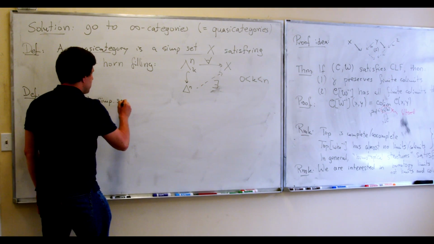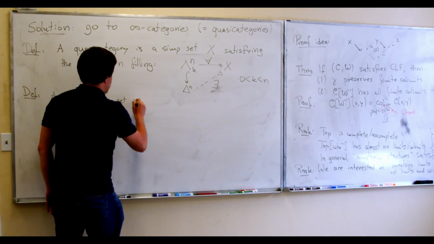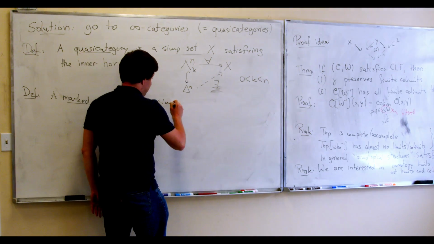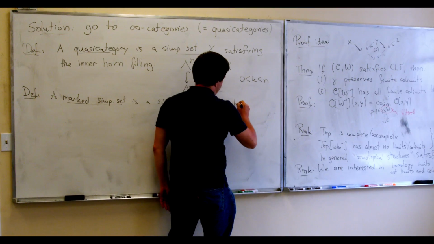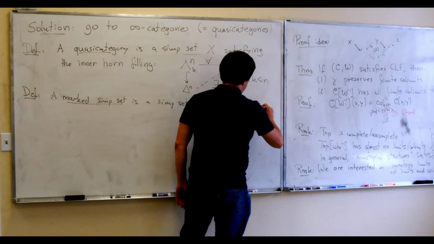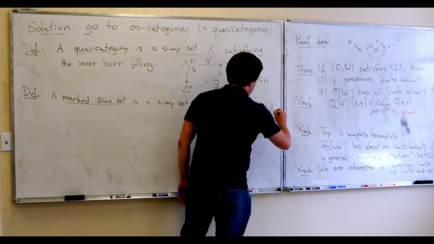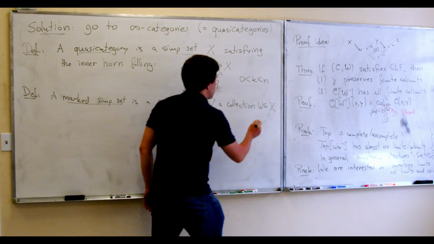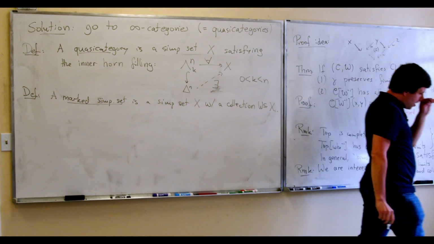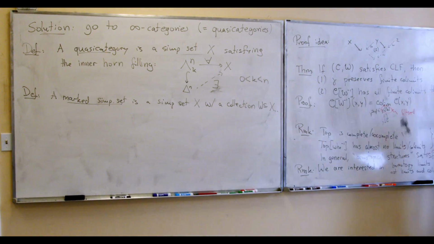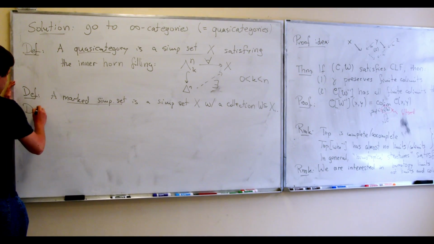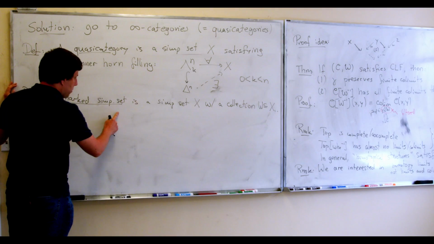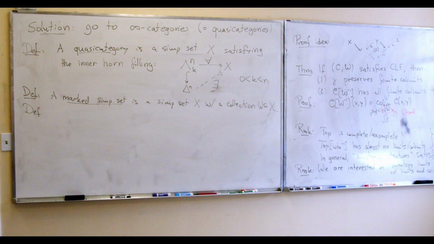A marked simplicial set is a simplicial set with a collection W of one simplices. Okay, so that's a marked simplicial set, and we will be interested in localization of such things. Right after I told you what a marked category was, I told you what the localization of such a gadget would be.